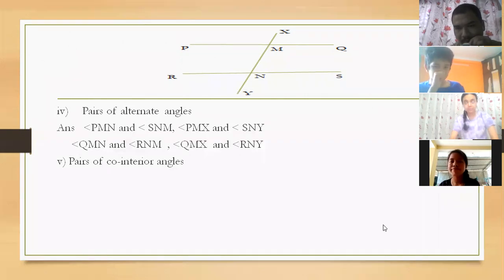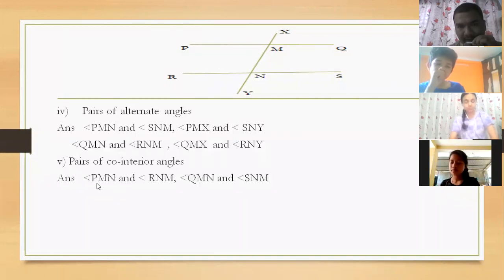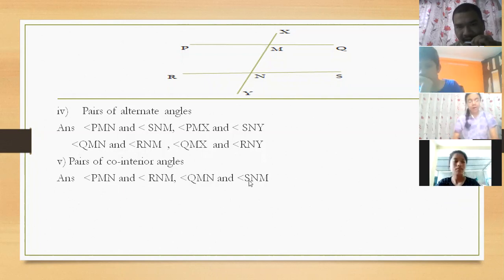Don't repeat that one. Now listen. Look here. One pair of co-interior angles is PMN and RNM. Another pair is QMN and SNM. These are the two pairs of co-interior angles.